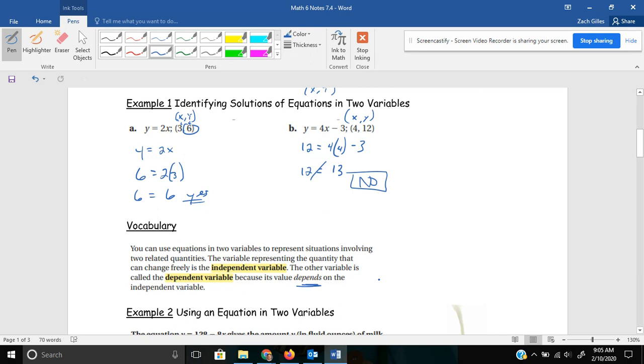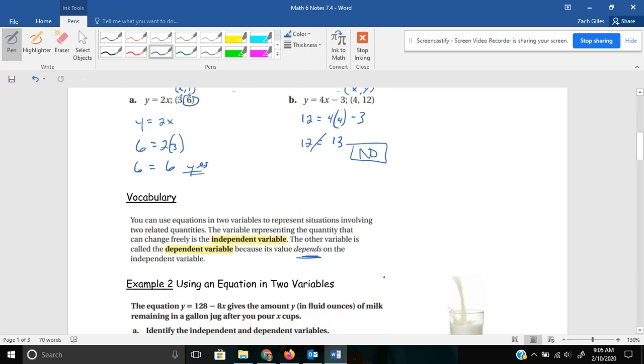All right, we'll look at some examples, but a lot of times, and I'm not going to say every time because there are times where this is not true, but very frequently you'll see that the independent variable is represented by your x and your dependent variable is represented by your y.